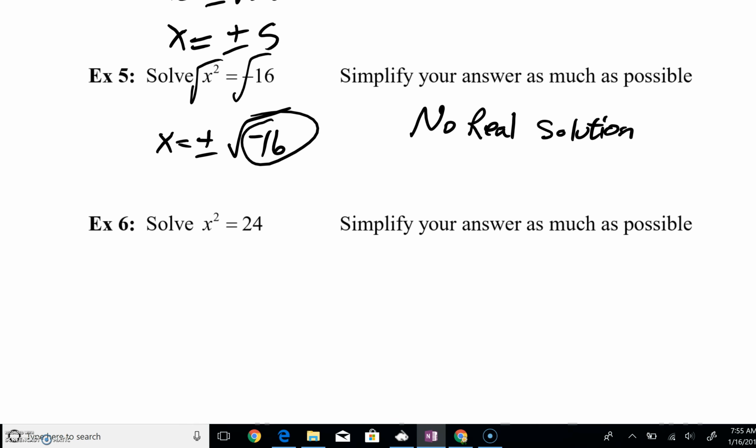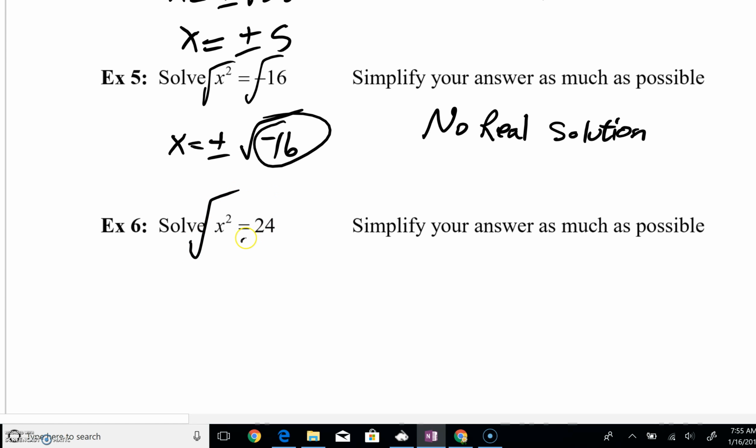Okay, one last one. We're going to take our 2 square roots here, but this is where, stating the obvious, 24 is not a square root. Kids probably want to stop right here and say, okay, I'm done. But you can reduce this. You might remember last week we talked a lot about simplifying or reducing square roots.